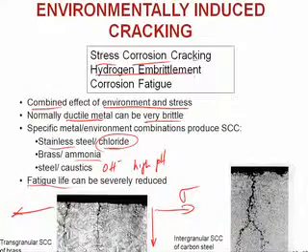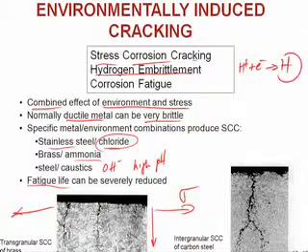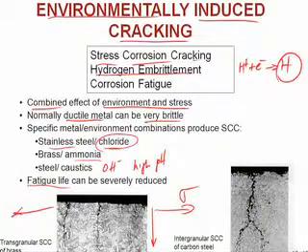Hydrogen embrittlement is when hydrogen gets in the metal and embrittles it. Corrosion fatigue is when we have this varying stress. Altogether it's called environmentally induced cracking: the environment causing and accelerating cracking under conditions where you would normally have a very ductile material.